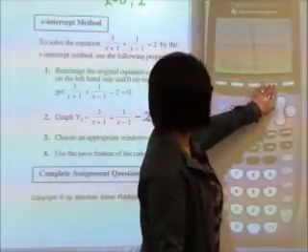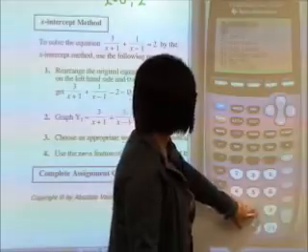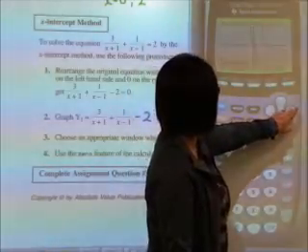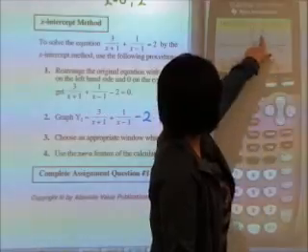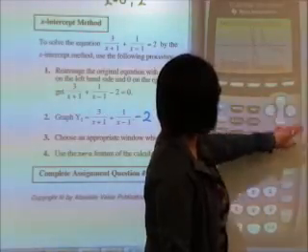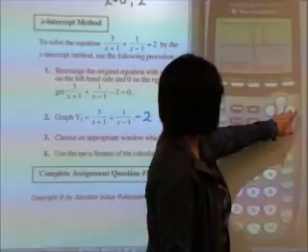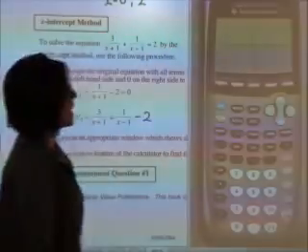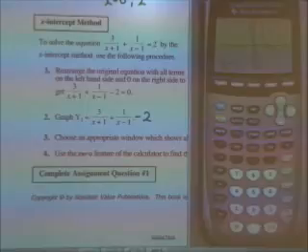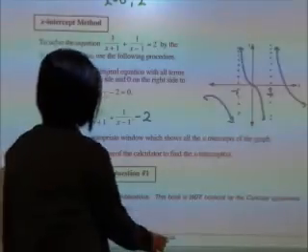And then I can go find my second 0. So I wait for the cursor to come in on the other side. I need to be on the left side of the 0 and then on the right side of the 0. And I get the same solution, x equals 0 and x equals 2.